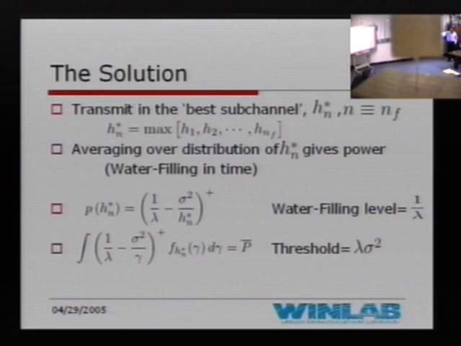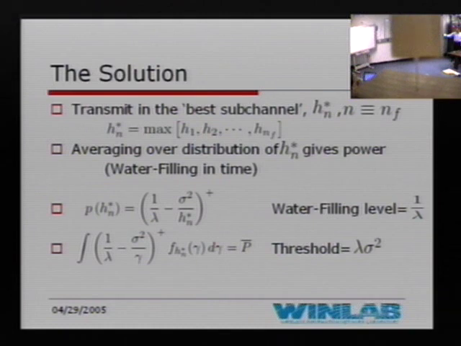And these are the equations that we get, that the power we put for any value of Hn star is given by this equation, where 1 over lambda is the water filling level, which is obtained by solving the total power constraint. That the power averaged over all states gives the total power.